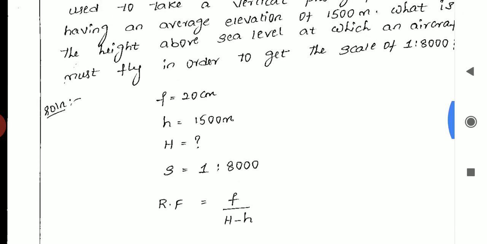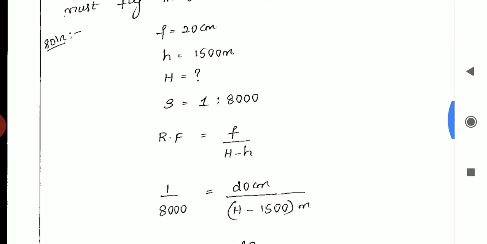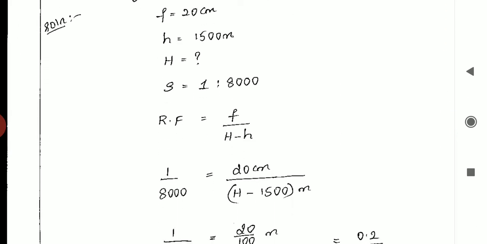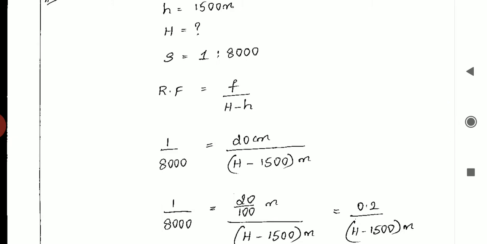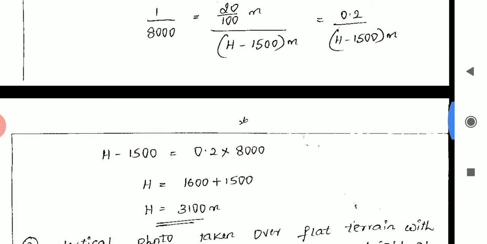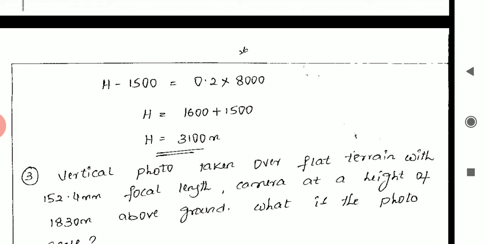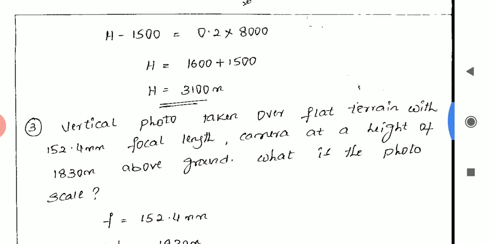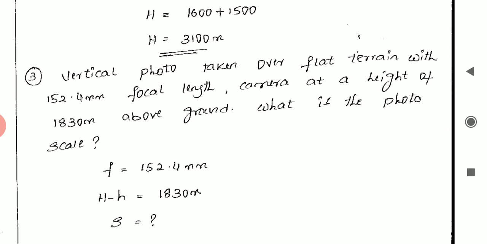So RF is the representative fraction, and RF is nothing but 1 by S, the scale. So S equal to scale equal to f divided by capital H minus small h. After simplification we will get capital H, so that is nothing but 3100 meter. Okay. You only have to remember all the formulas, then only you can solve all the problems easily.